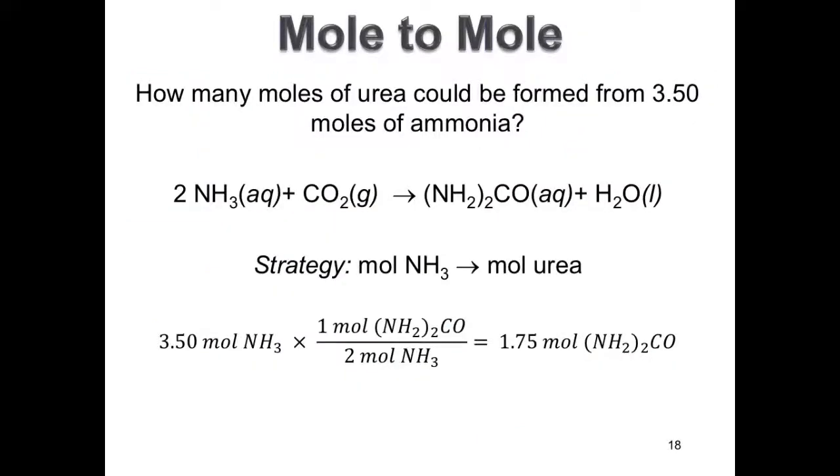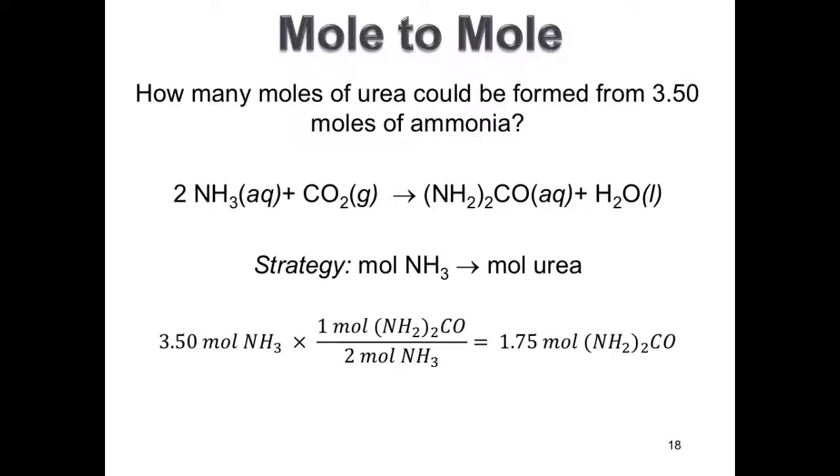First, let's look at the middle of the stoichiometry roadmap, which is the mole-to-mole portion. This will help us learn how to use the ratio, the molar ratio. How many moles of urea can be formed from 3.5 moles of ammonia? And here's the equation.